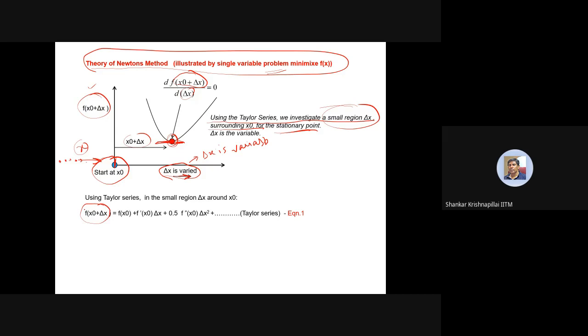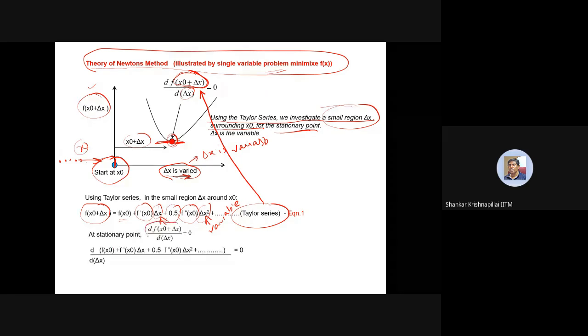Using Taylor series expansion, the expression for that value is f of x naught plus f dash of x naught, that is the first derivative at x naught, into delta x, plus 0.5 into the second derivative at x naught into delta x squared, etc. So this is the Taylor series expression for this numerator. Here delta x is the variable, not x.